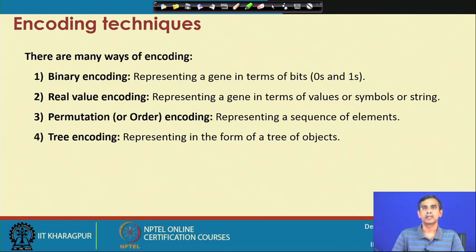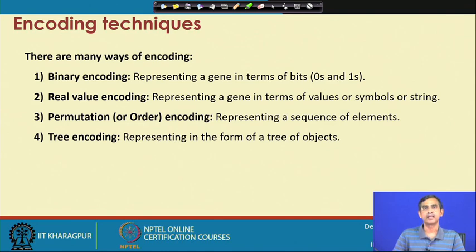Anything, whether it is a number, a real number, a symbol or some other representation, can be represented using the binary encoding scheme. So, it basically gives a gene value in terms of only 2 bits called zeros and ones.